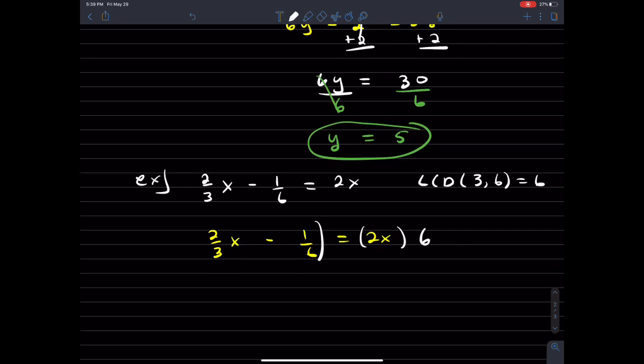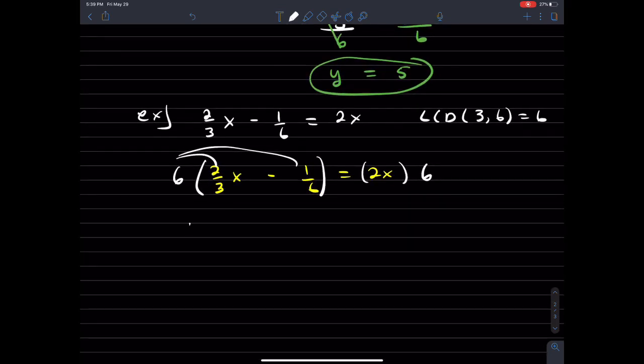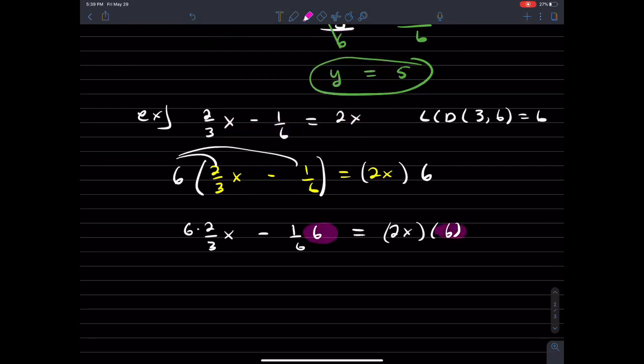And then on this side, I will be distributing it. So it's 6 times 2/3 x minus 1/6 times 6. And 2x times 6. So you can see here, we could have just multiplied 6 to each term.